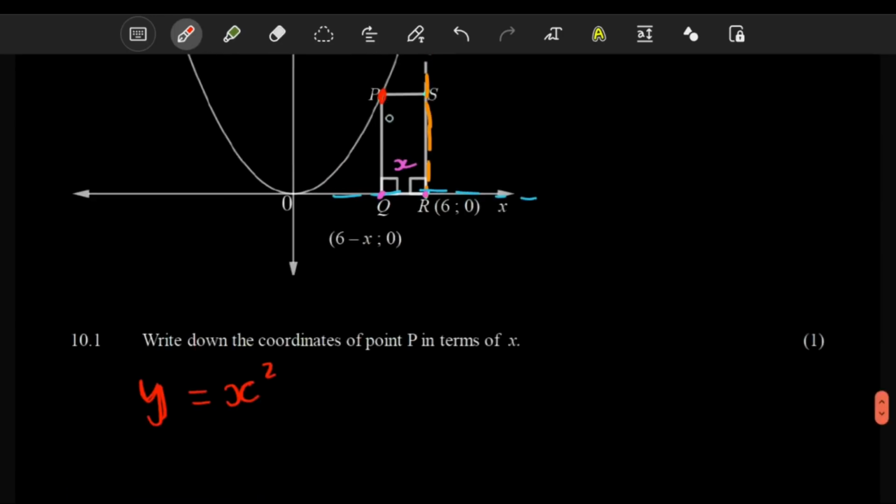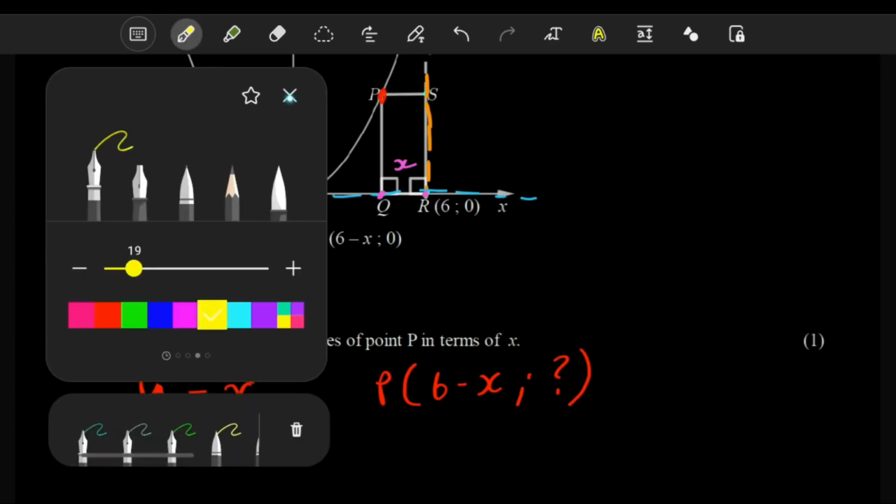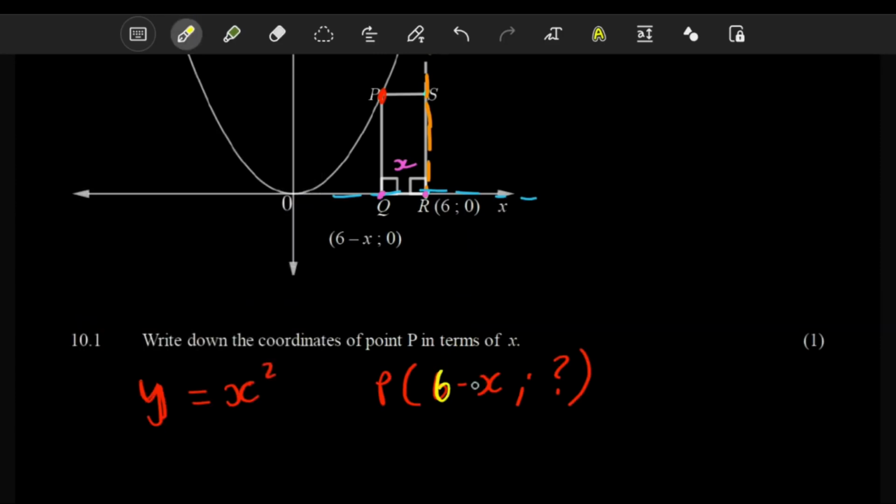So for the coordinate of P here, we know that the x value is just 6 minus x. The y value we don't know, but we can get it from our equation. We can just throw the x value into our equation and then we're good to go, because remember the x value of Q is the x value of P as well.